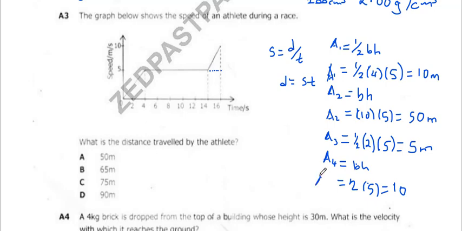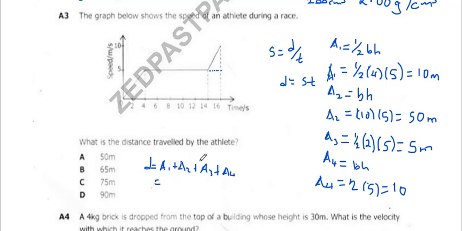So now to find the total distance covered, we'd have to add all our areas. So total distance D equals A1 plus A2 plus A3 plus A4.